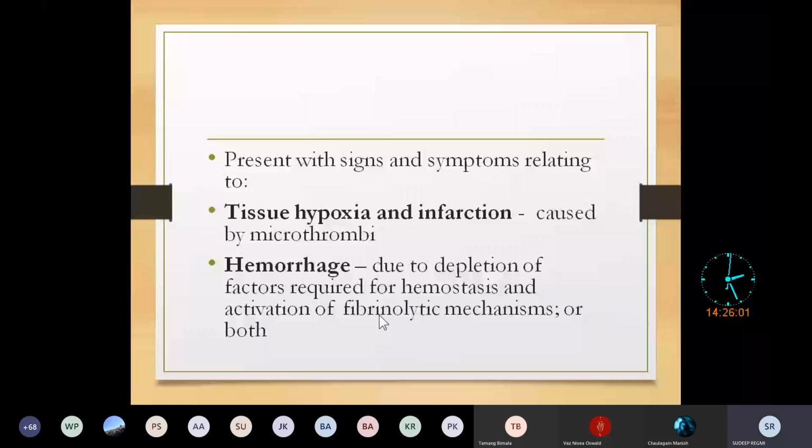So that means in each and every organ which is involved by the DIC, the signs and symptoms will be relating to the tissue hypoxia and infarction, which is caused by the microthrombi, and hemorrhage due to the depletion of the platelets and all the coagulation factors that are required for the formation of the platelet plug. And secondarily, there will be activation of the fibrinolysis, or both can also be the cause.